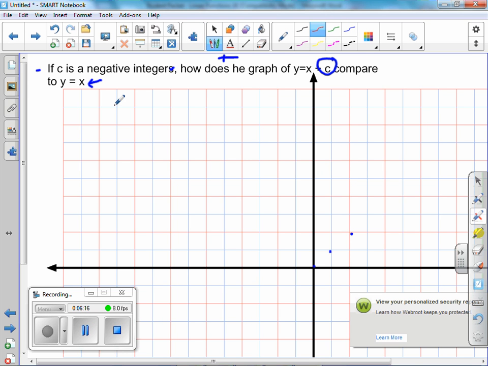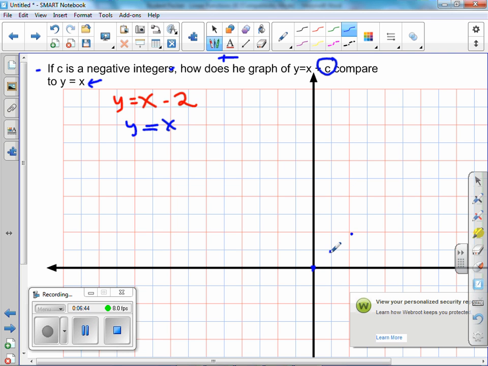So let's just plug in a negative number. Say you have y equals x minus 2, and the other one is y equals x, which is what we started with. So let's do the one in blue, since I already have my blue pencil here. y equals x goes through the origin.